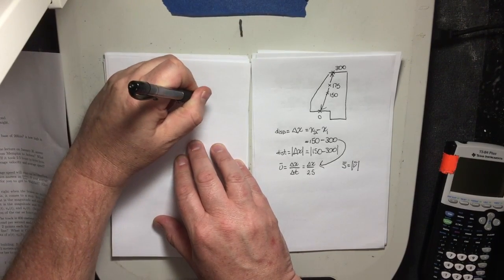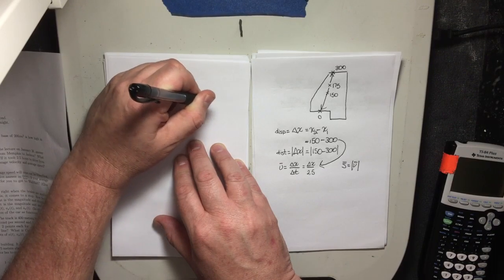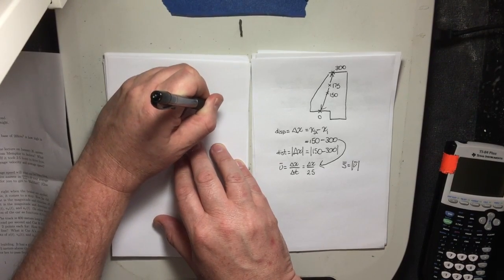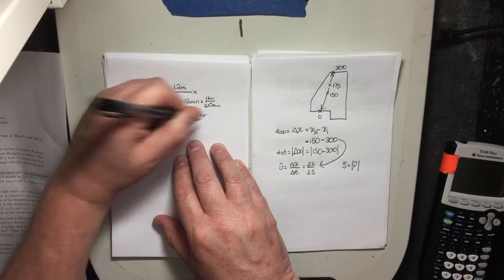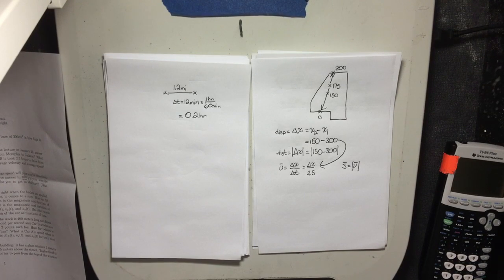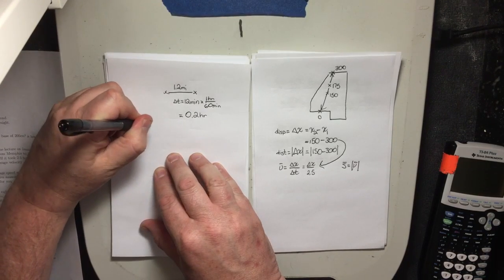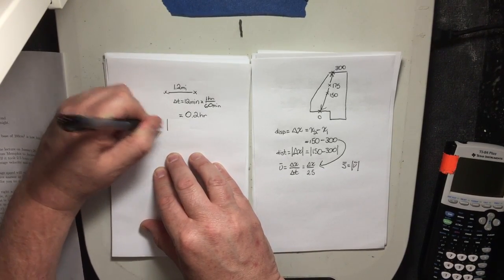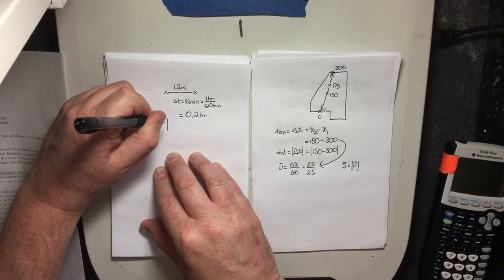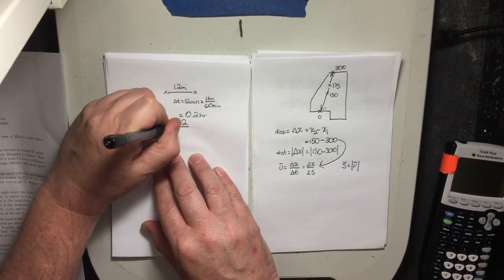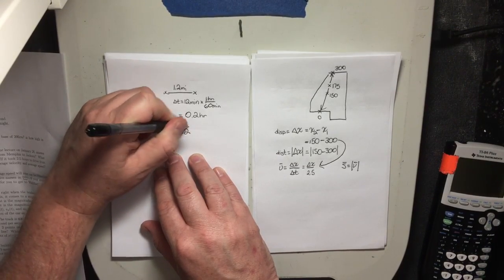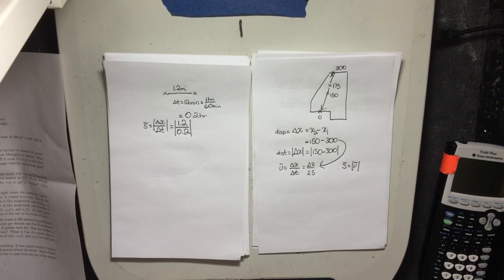So you take that time, and it is 0.2 hours for the total time. The average speed is the absolute value of displacement over change in time, or 1.2 over 0.2. You're going pretty slow, but it is West Jackson on a Friday afternoon.